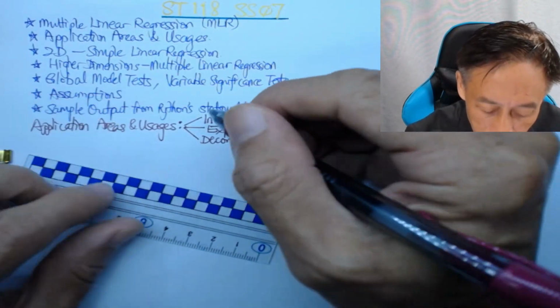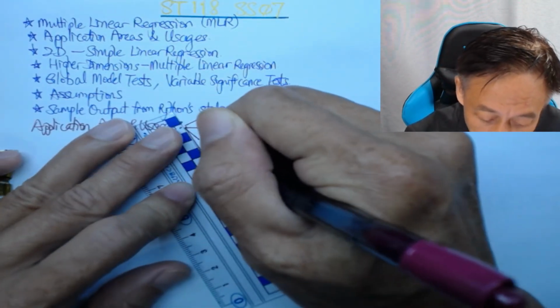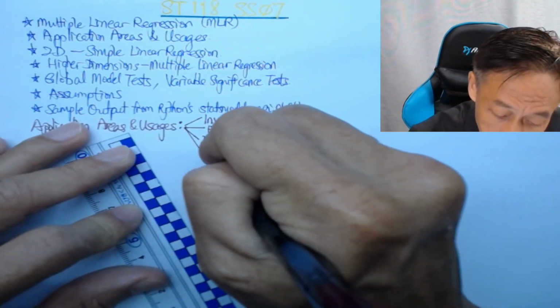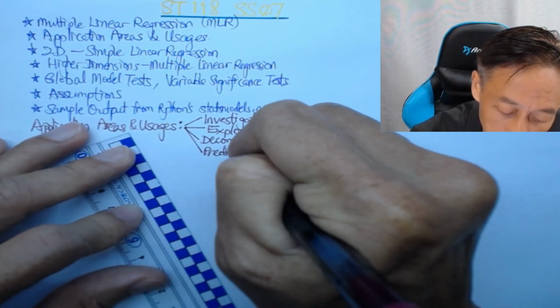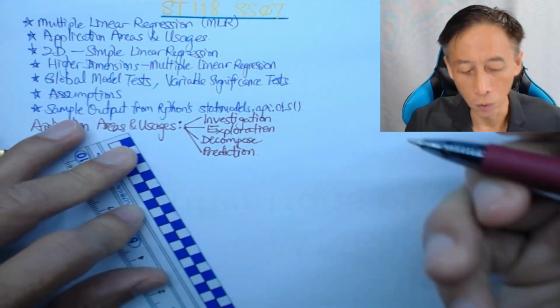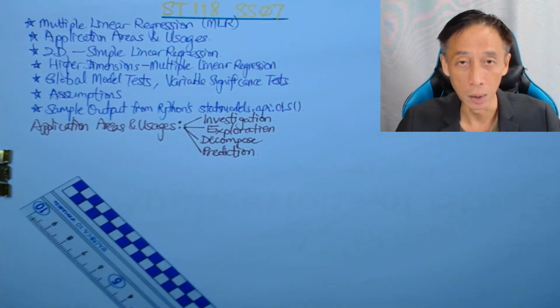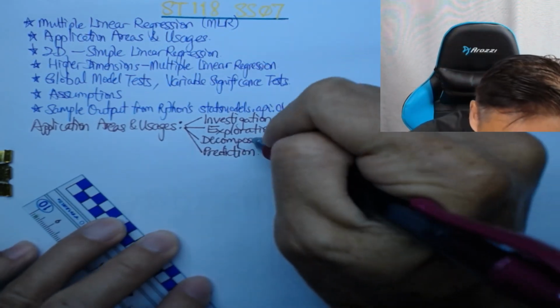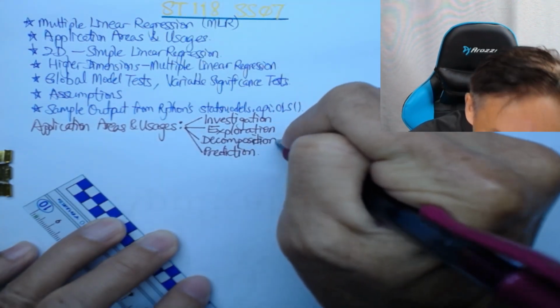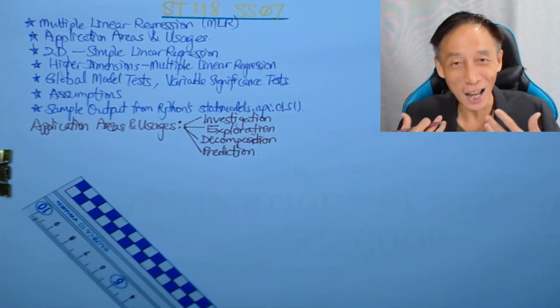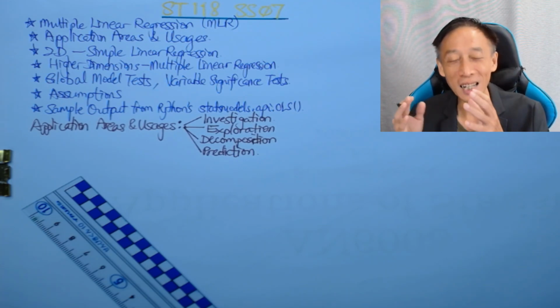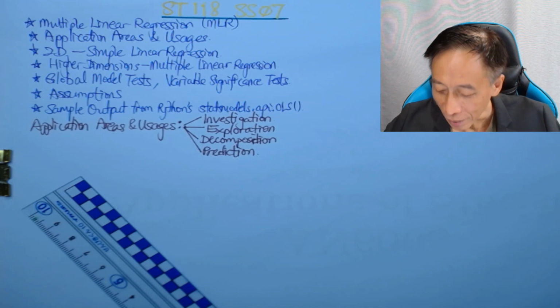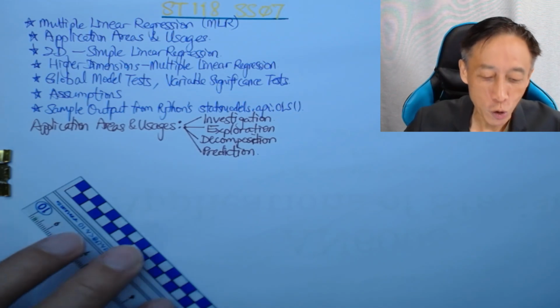Decompose a particular phenomenon. And finally, a big area of use of multiple linear regression is prediction. Now, notice that these are our functional intentions. Like I'm going to investigate, I'm going to explore, I'm going to decompose. Not that I am going to decompose like a corpse, right? But I'm going to decompose a response into contributing factors.